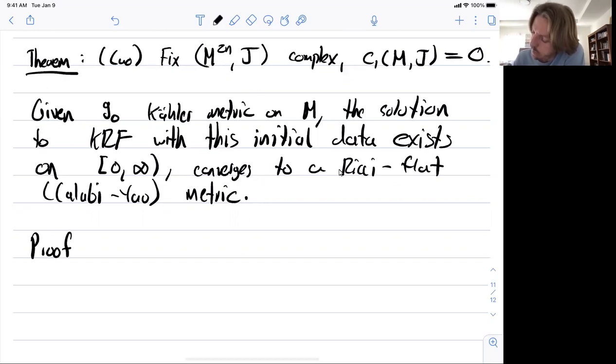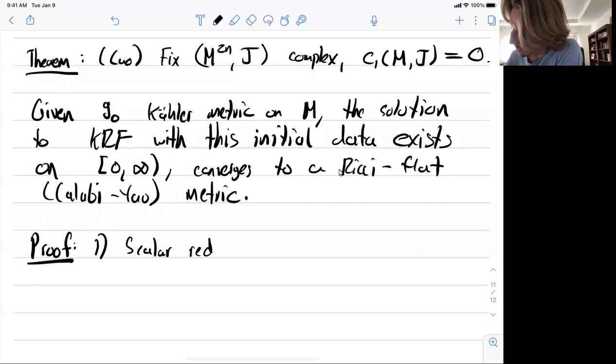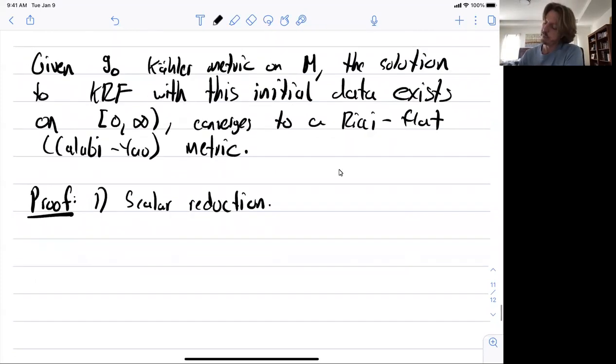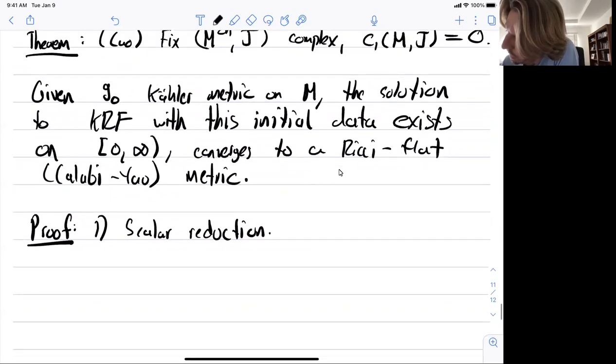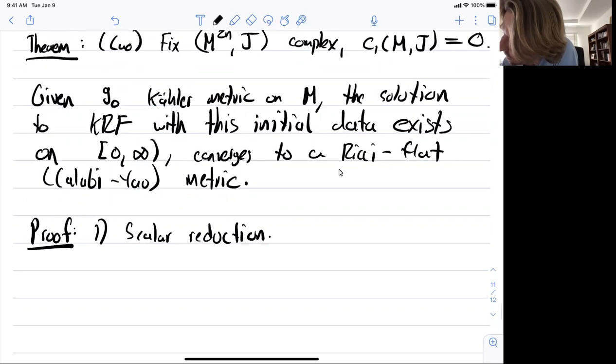So again, like I said, I want to show some of the analysis, but not all. The first step, as usual, is performing the scalar reduction. In doing this, it seems like I'm going to use the first Chern class vanishing, but it's not really so important yet. I'll say that at the end.